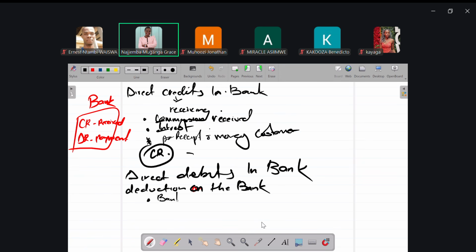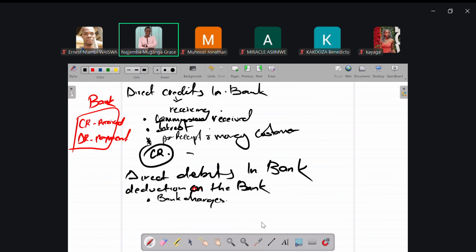A very good one are the bank charges. Bank charges, you may not have computed all these bank charges, so you end up having more money as compared to what is in the bank statement.